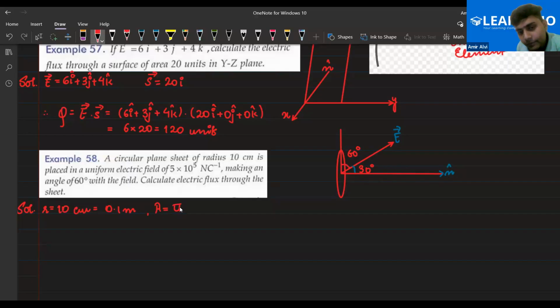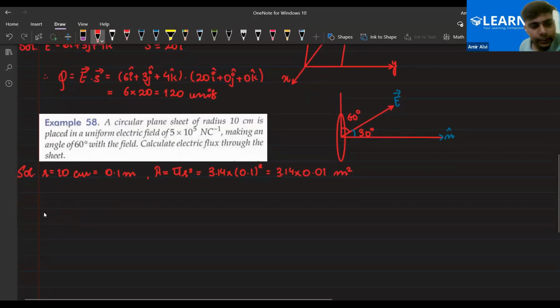So the area would be pi r square, so 3.14 into r square, which is 0.1 square. So this comes out to be 3.14 into 0.01 meters square. Okay.